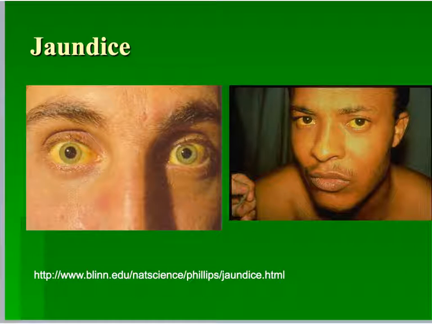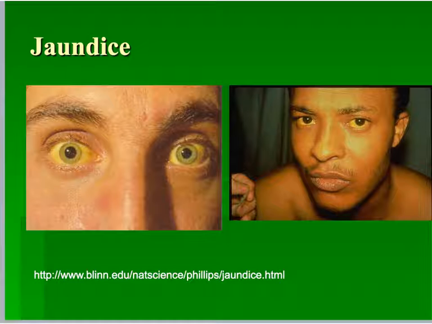So let's move into jaundice. Jaundice, also known as icterus, is really not a disease. It is not a disease, but rather a symptom of a disease. People present with jaundice when they have liver disease.